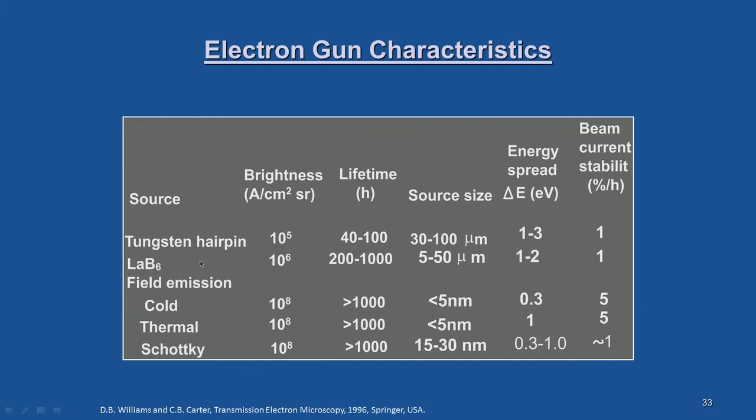You see the sources: tungsten hairpin, LaB6, field emission, cold, thermal and Schottky, and in terms of brightness, as I mentioned, it is one of the primary requirements of the electron gun, along with lifetime, source size, energy spread, and beam current stability.